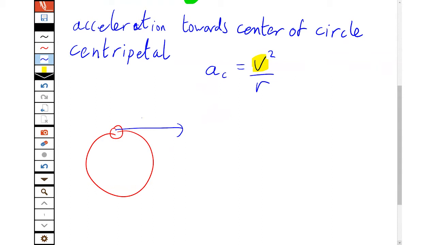Well, that is called tangential acceleration because it's in the direction of that tangent line we saw. So this object here could have a tangential acceleration, speeding it up or slowing it down, and the centripetal acceleration, holding it into the center of the circle. And those are at right angles.